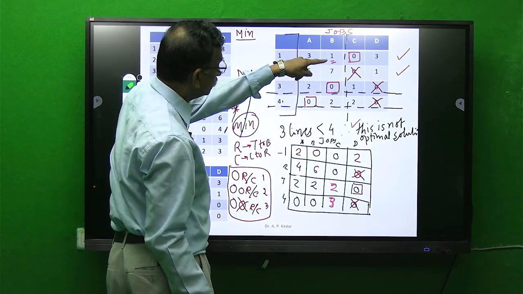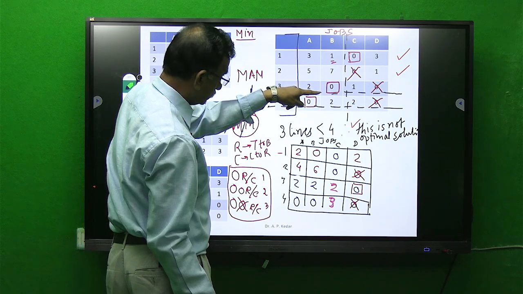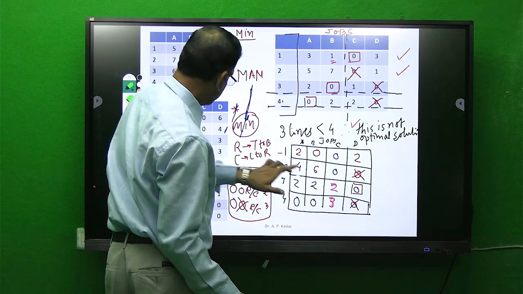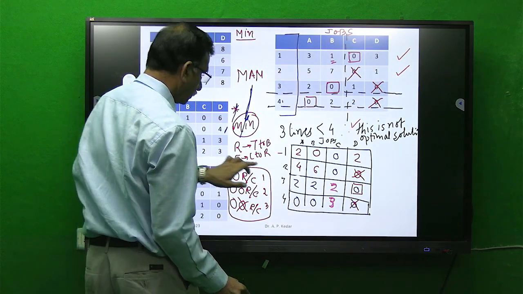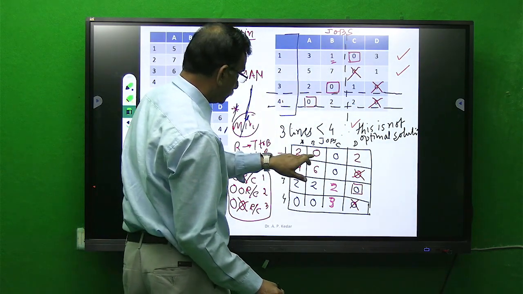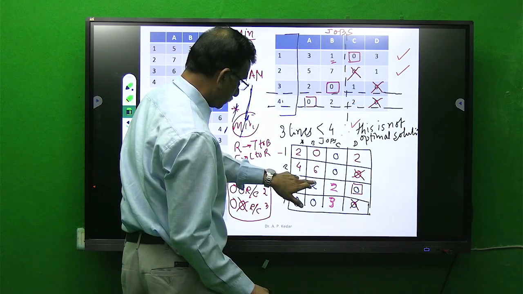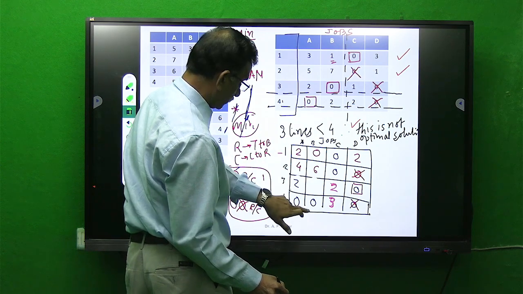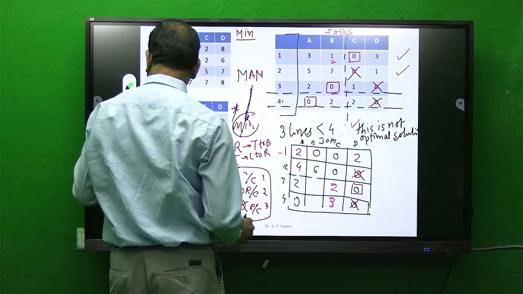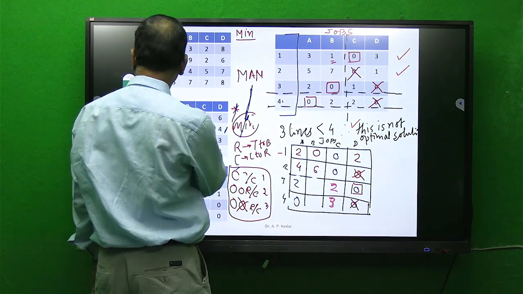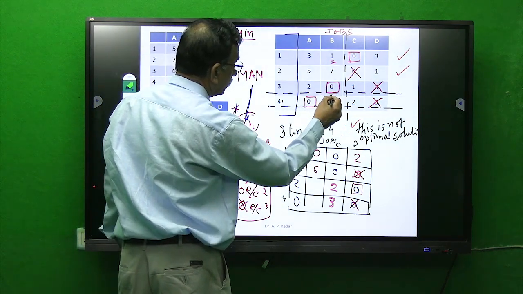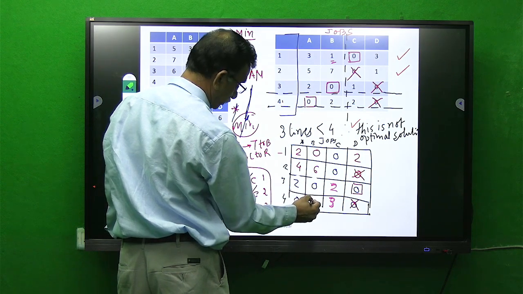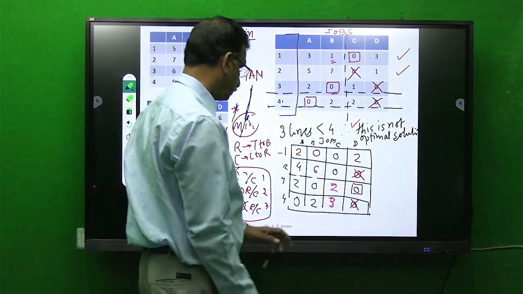Rest is 0, 6, and this will be again 0, 6, 0 and 2. So here 0, 6, 0 and 2.